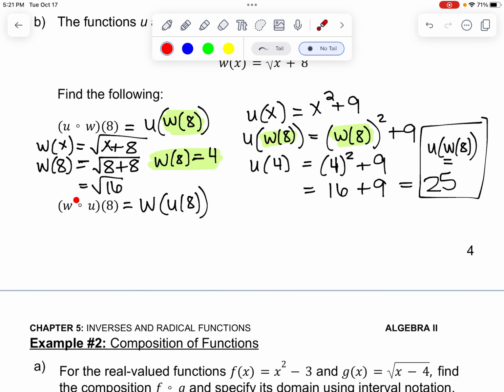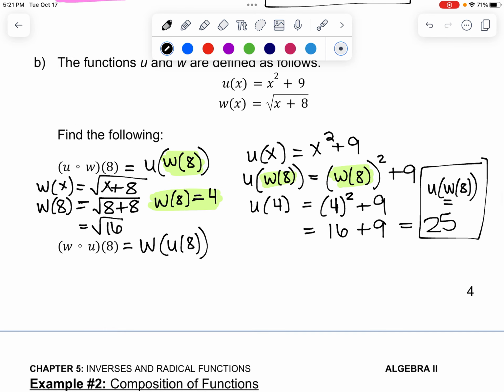Now we want w of u of 8. So we want to find u of 8, and we're going to substitute that back into the w function. So again, you want to find u of 8. If we want to find u of 8, I want to use the u function right here.